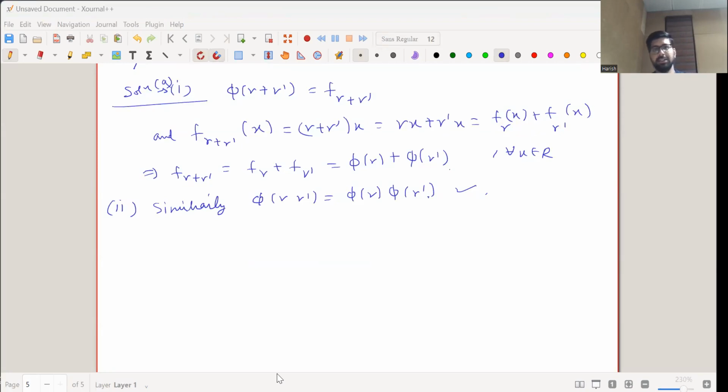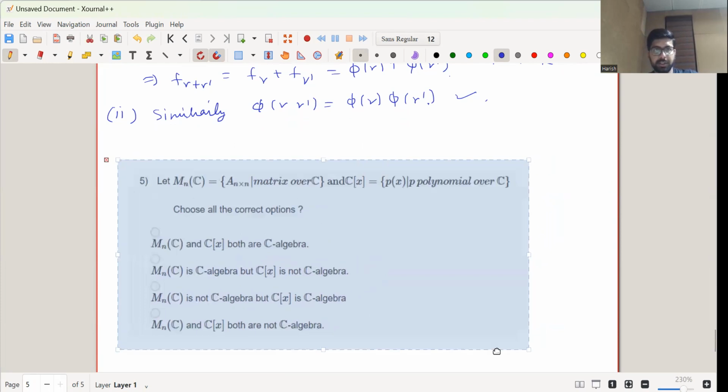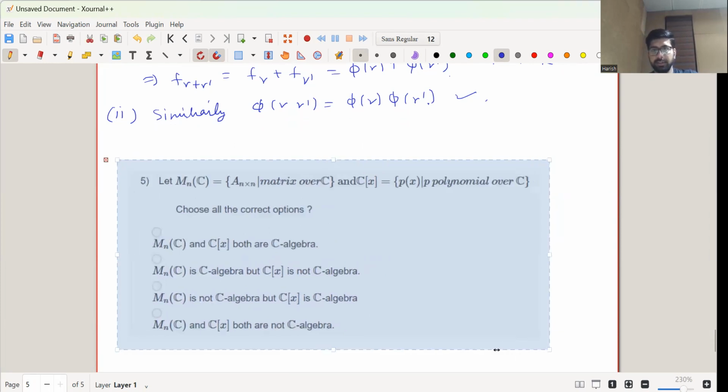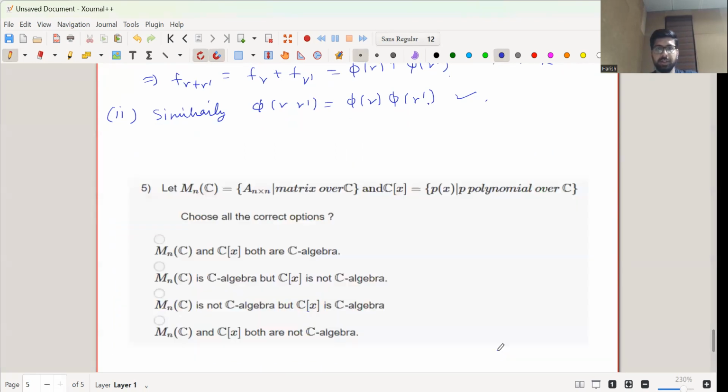See, the fifth is just checking. It's just computation. You just need to see that it is a vector space and a ring. It's just computation, na? And we have already seen that it's both, the example. In fact, we have seen M_n(C) and C[x].